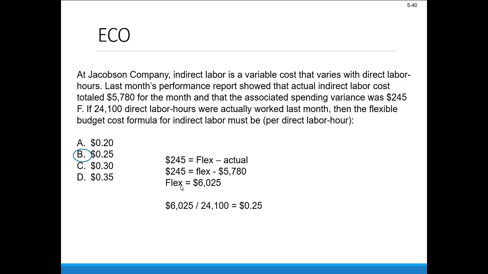That means the flex, if I back solve for that, must have been $6,025 total. I also know that that represented 24,100 labor hours. So the total of $6,025 divided by the 24,100 labor hours means a cost formula of 25 cents per labor hour.